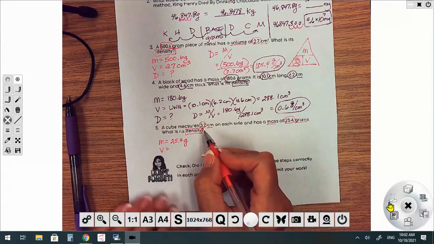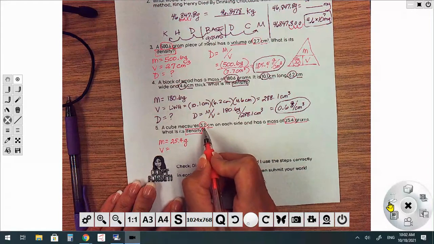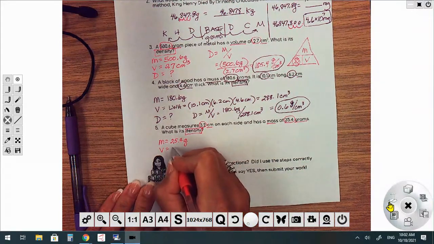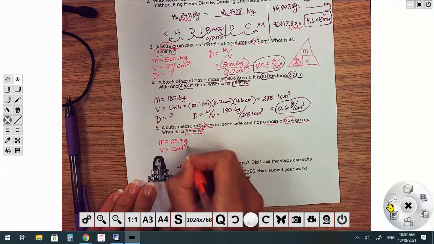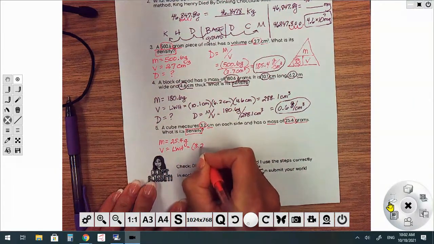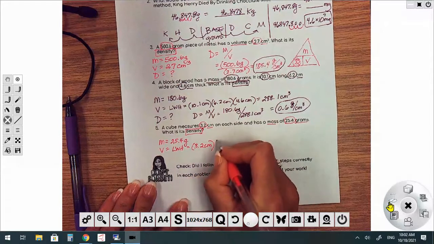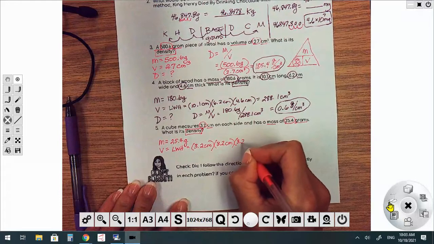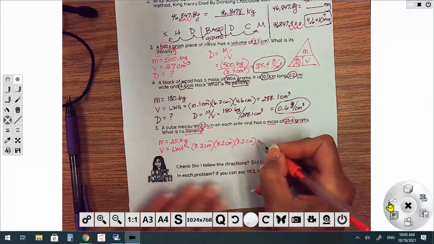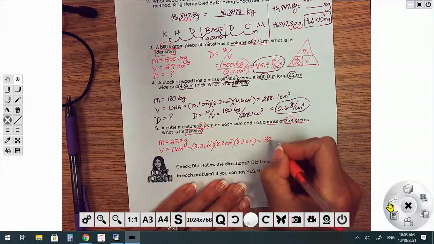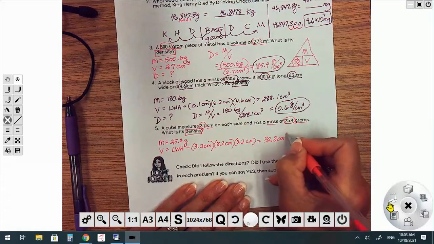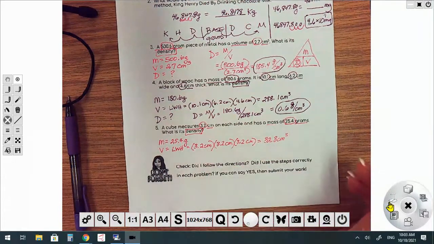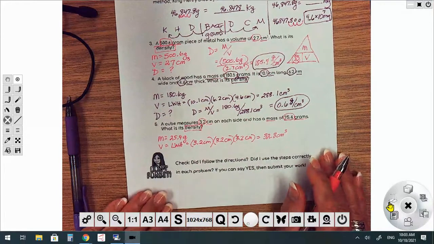So in order to get the volume of a cube, we have to multiply that number 3 times. Remember, volume is length times width times height. So we take 3.2 centimeters times 3.2 centimeters times 3.2 centimeters. And that will give you 32.8 cubic centimeters.